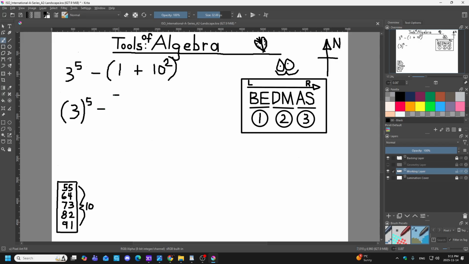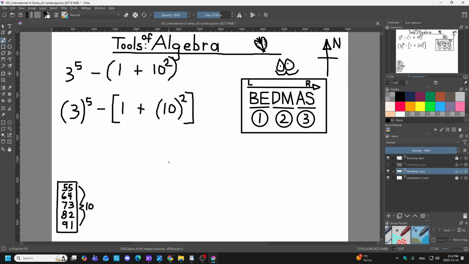I'm going to use square brackets here. 1 plus, because I want to use curved brackets for this, 10 squared. Okay? That makes a lot of sense, right? Nice and clean, you know what's what and what belongs to what.